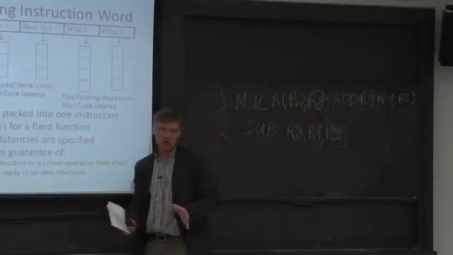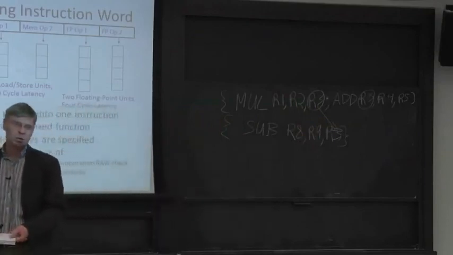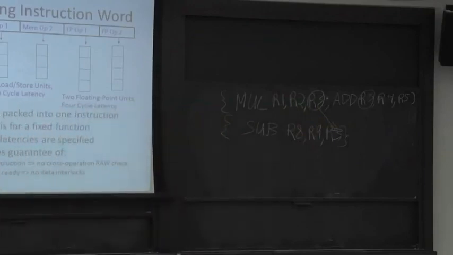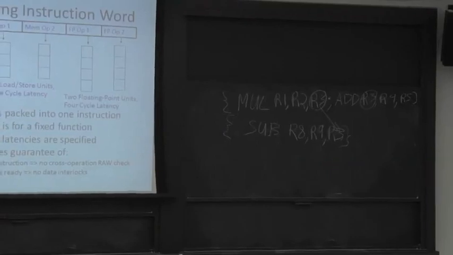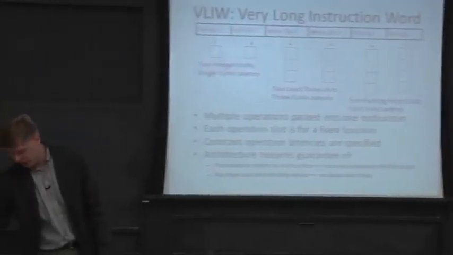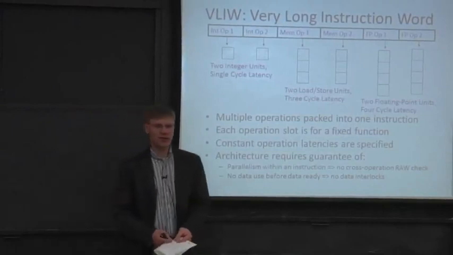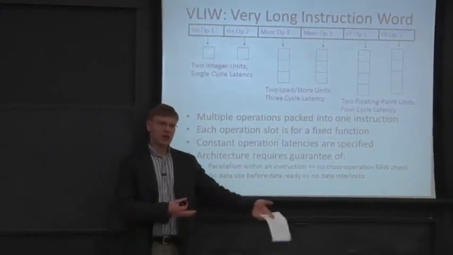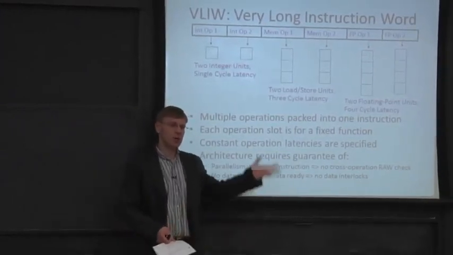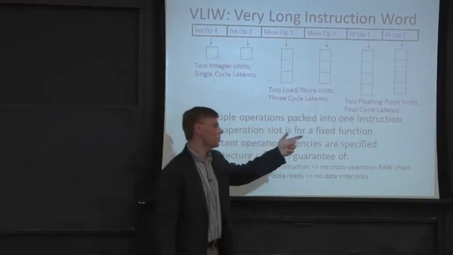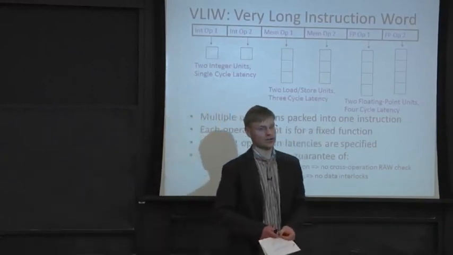What's nice about this is we just took all that piece of hardware that we built, all that instruction checking, all the dependency checking, all the scoreboarding, and we just threw it out the window. We don't need that hardware anymore in this architecture. So we actually took out a bunch of hardware that we didn't need, and we basically let the compiler do that checking for us.